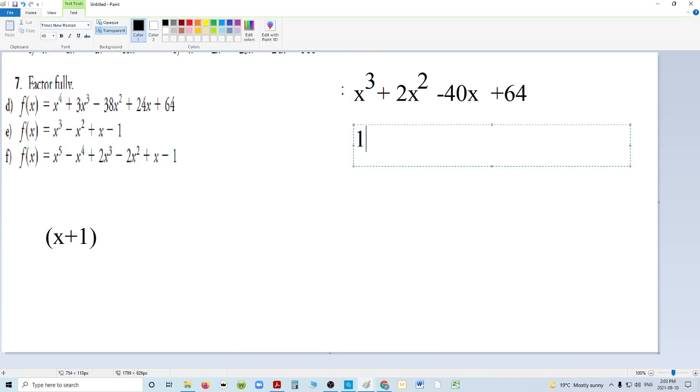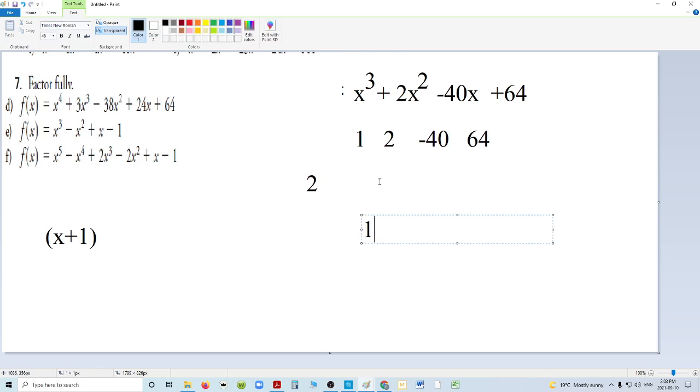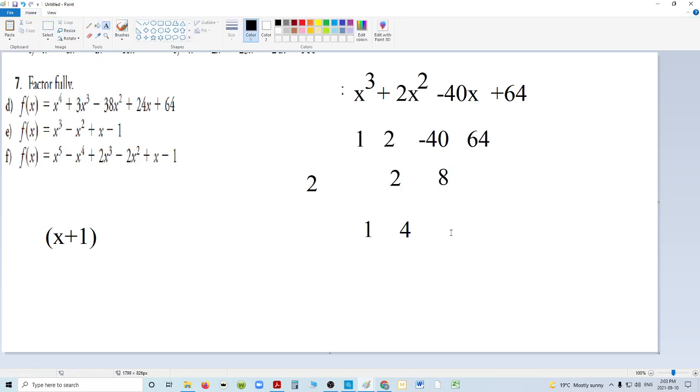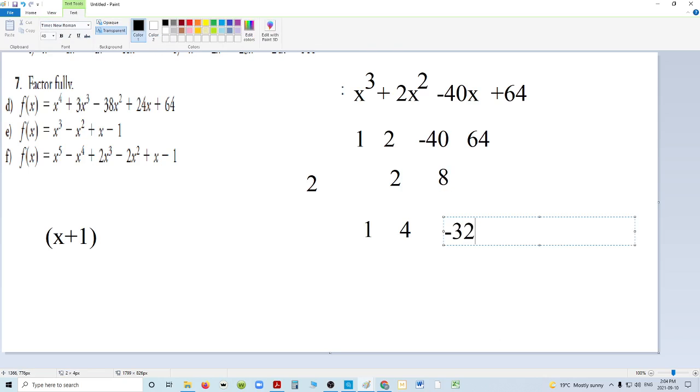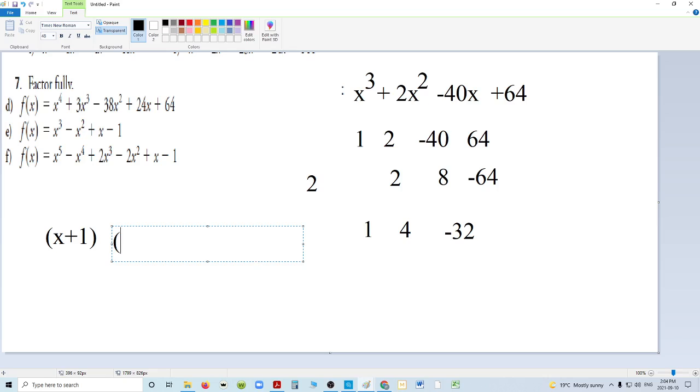My new coefficients are 1, 2, minus 40, and 64. And I'm going to move on to 2. Bingo. Which means one of my factors is x minus 2.